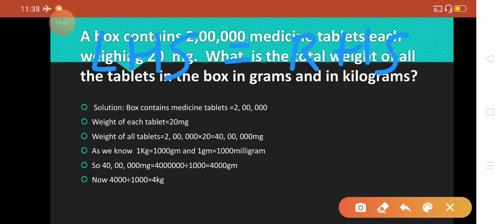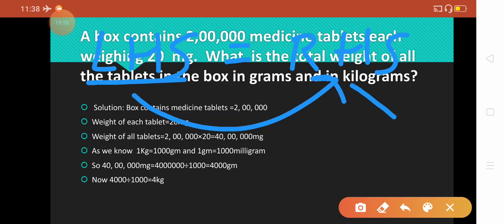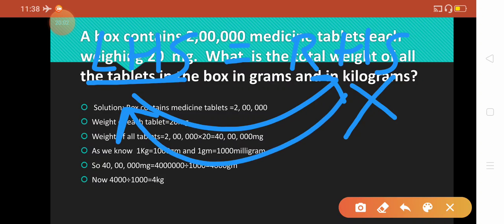If you have to go to the right hand side, learn this thing. If you are going right, you have to multiply. If you are going to left, you have to divide.